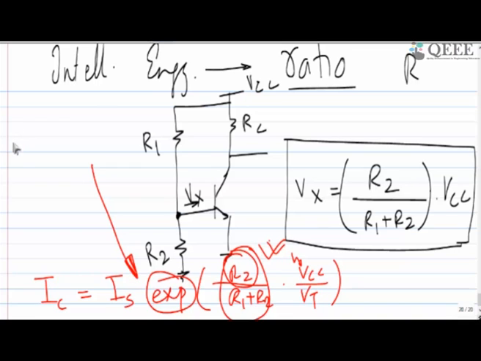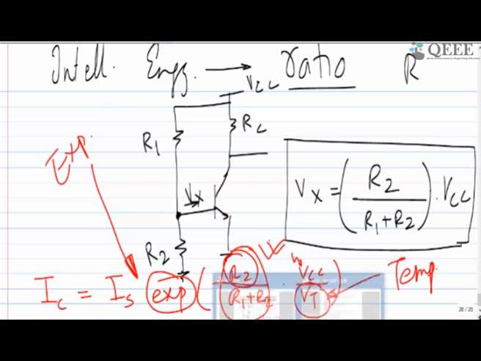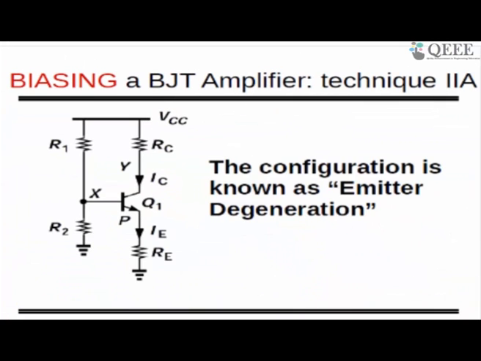And yes, there is one more thing, VT is also dependent on temperature. So there is temperature dependency, there is no process dependency. That is one thing we removed. But there are two things: the exponential, which gives loose control from our end, and the temperature. Both things are very bad.